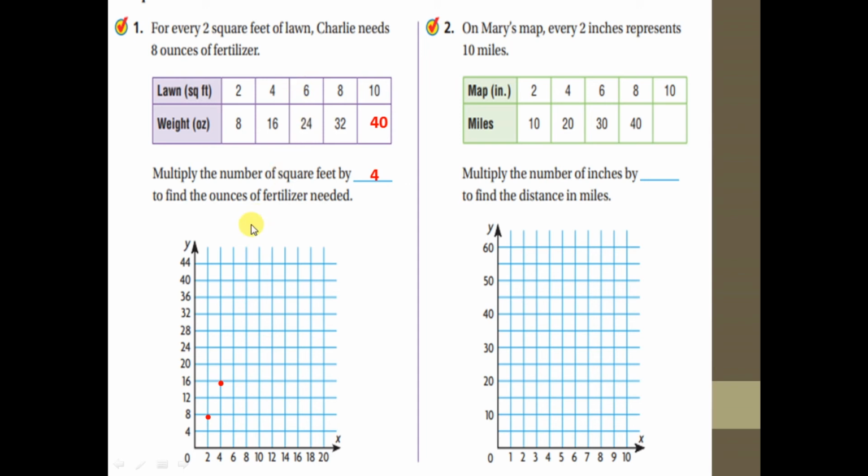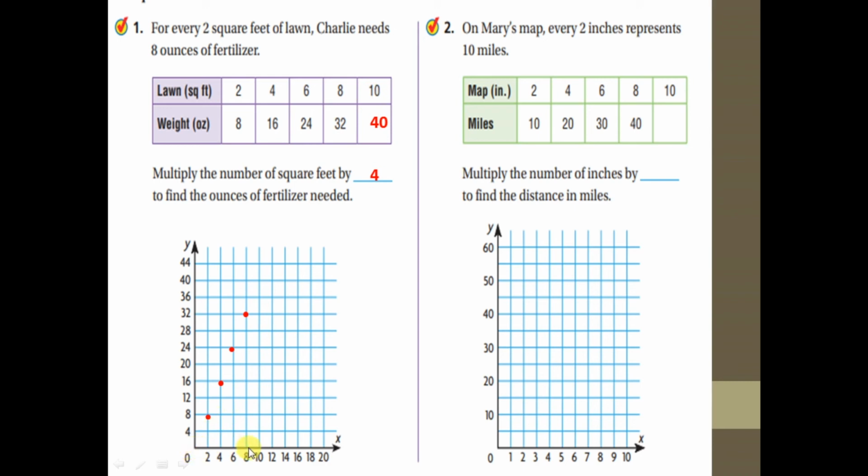6 with 24. We start from the origin, go to 6, then we go up until 24. And here we are. 8 with 32, sorry. So we start from the origin, we go to the right, 8, and up until 32. The fourth point, and finally the fifth point is 10, 40.